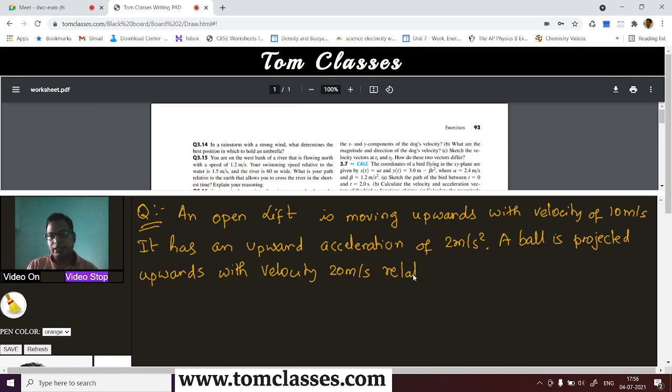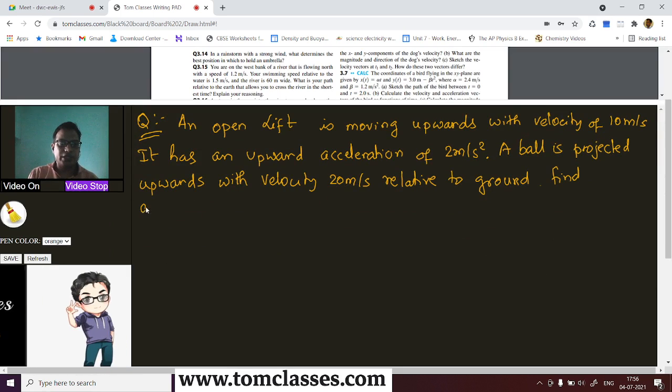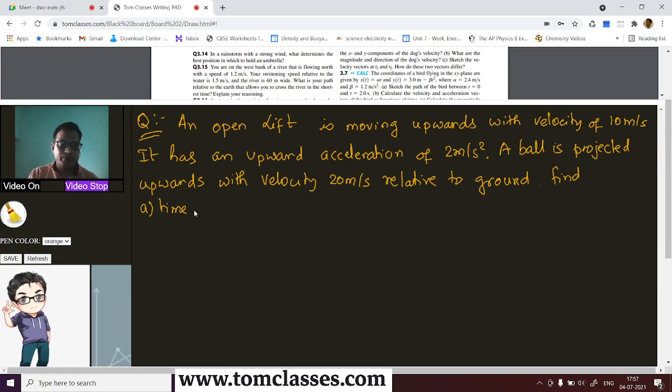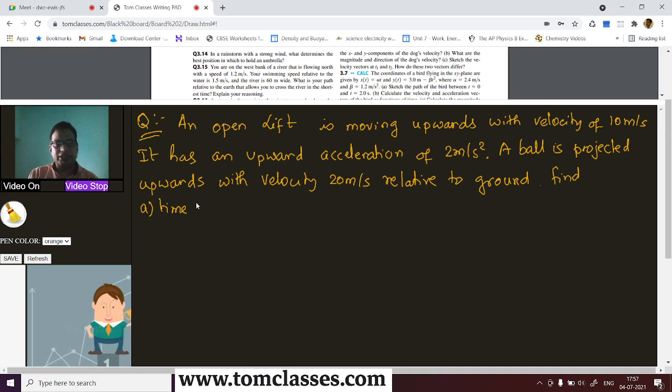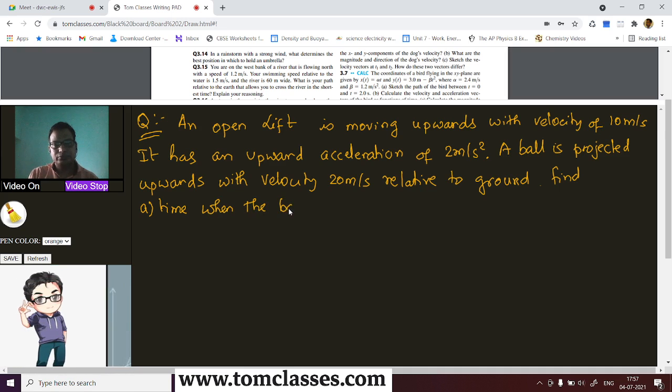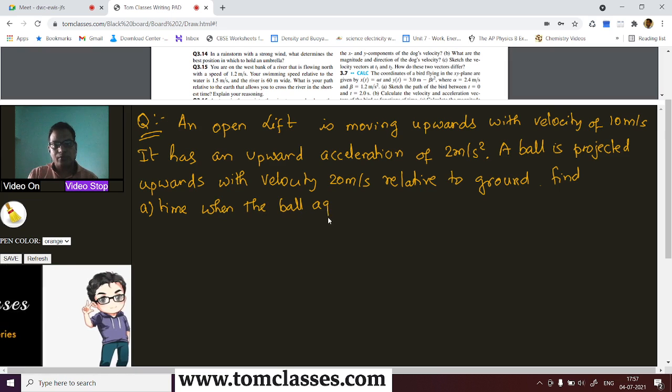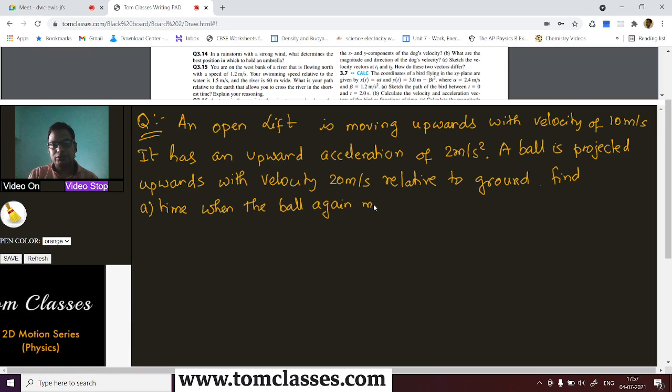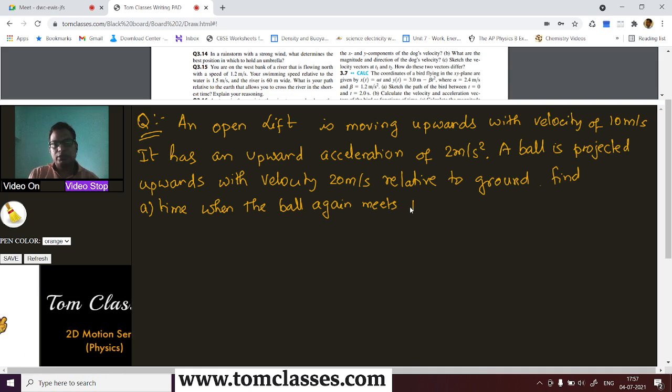Here it is given relative to ground. Find, first, the time when the ball again meets the lift.